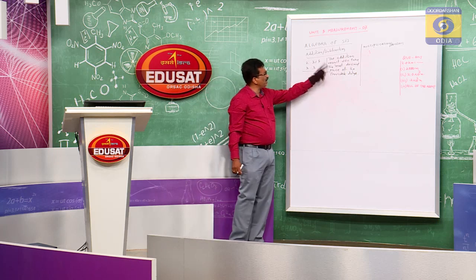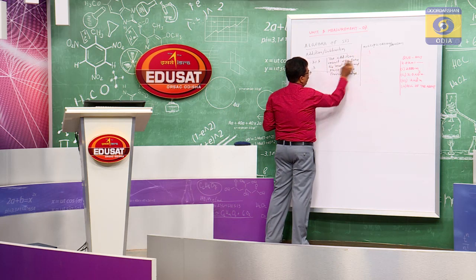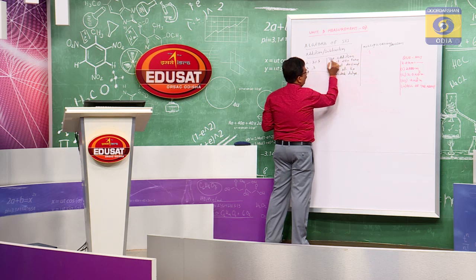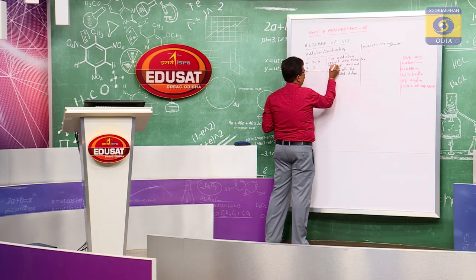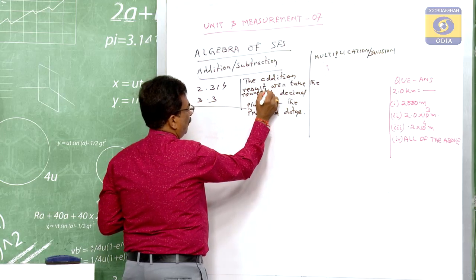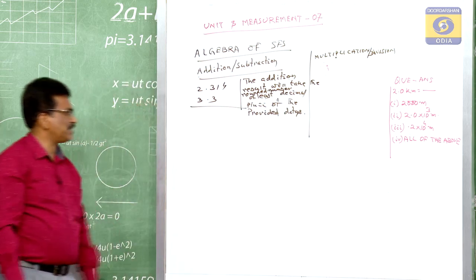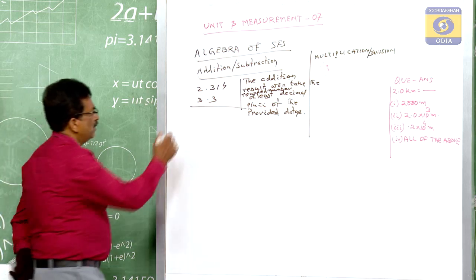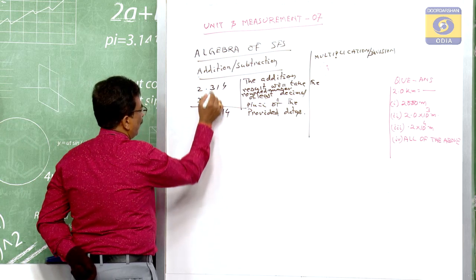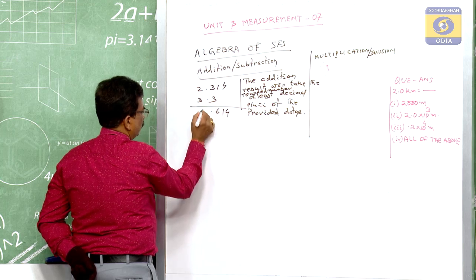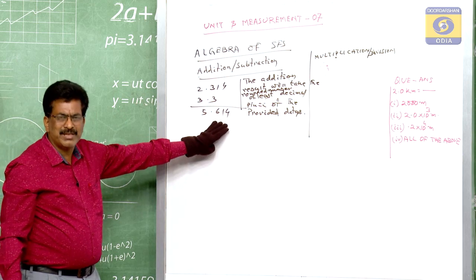Means the final result of the addition will take the rounded number of the least decimal places of the provided data. Suppose this is the example. If we add them, this will be 4, this one will be 1, this 3 will be 6, then 2 and 3 will be 5.